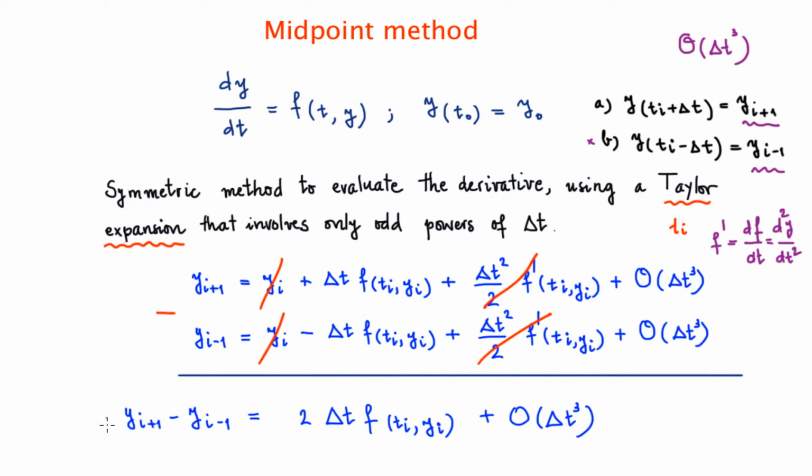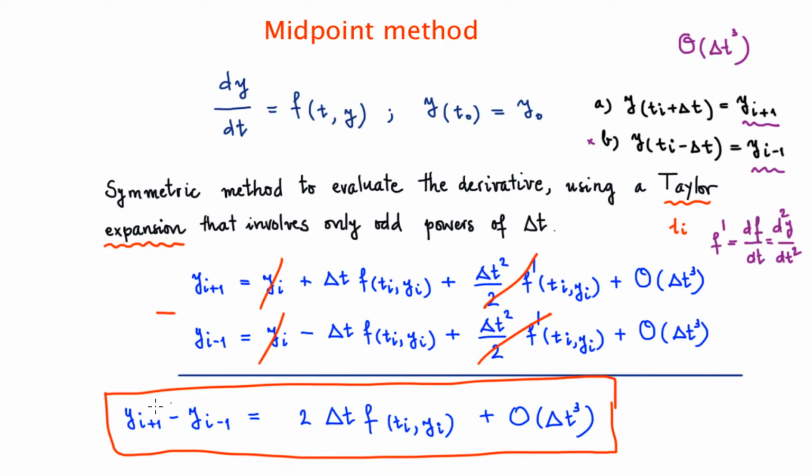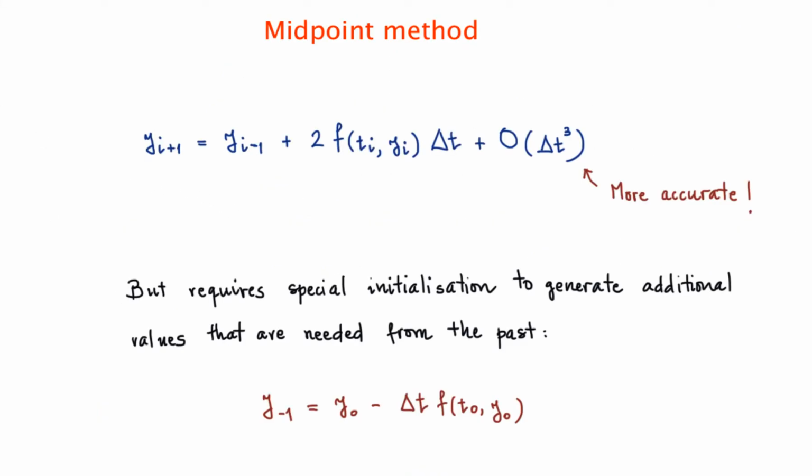So that's basically the result, because the only thing we have to do now is just clear the expression for y evaluated at time i plus 1. Therefore, we are going to bring this term to the other side. In doing that, this is finally the result we have for the method.